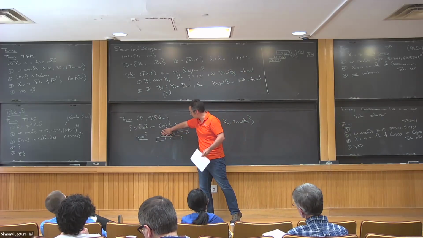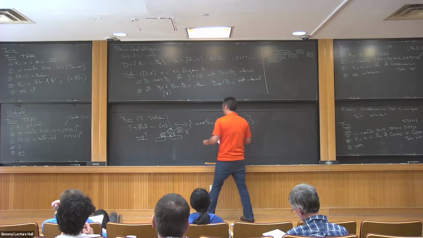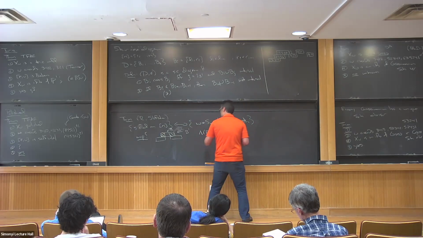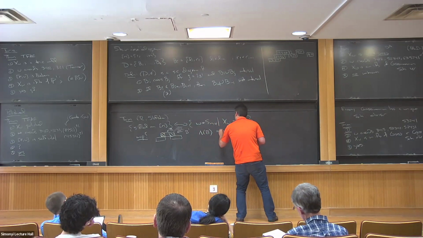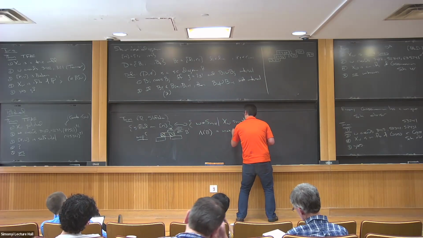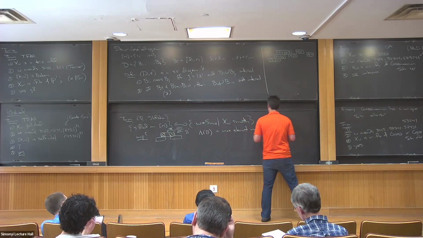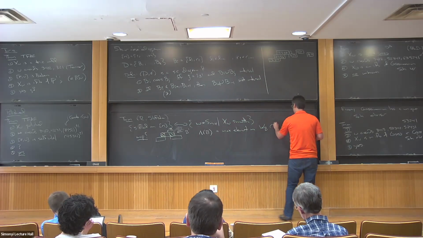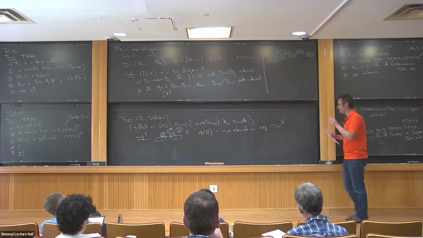So you have B, which is the whole block, and you have B prime. And what I'm going to do is define lambda of B in this diagram to be the following. It's going to be the maximal element of W of B intersect W of B prime. So what is W of B?